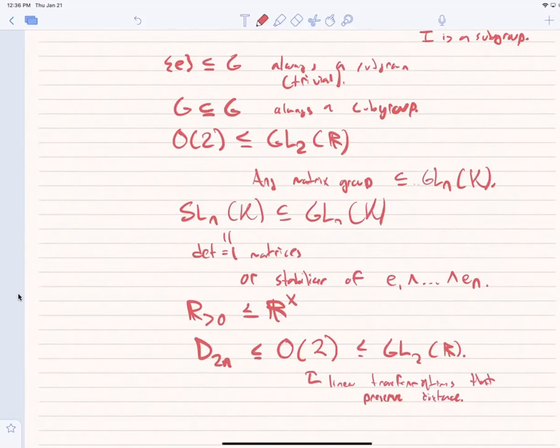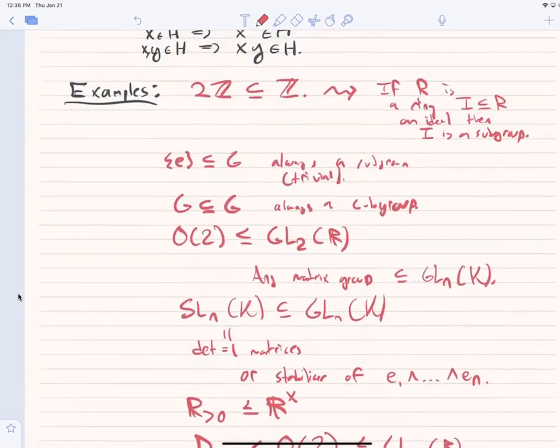So definitely if you preserve the inner product, you preserve distance, and you can check that it goes in the other direction as well for linear transformations. Oftentimes when we define groups, we define them implicitly as subgroups of other things. Okay, good. So that's a nice set of examples.